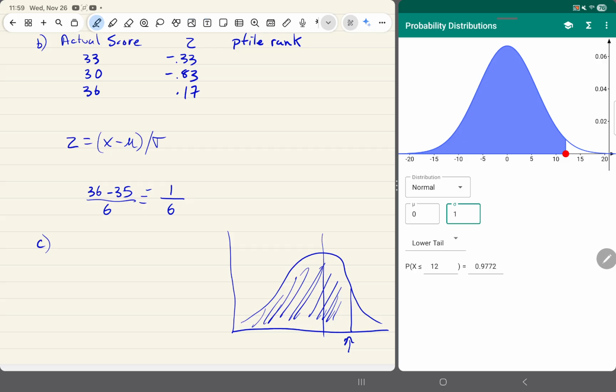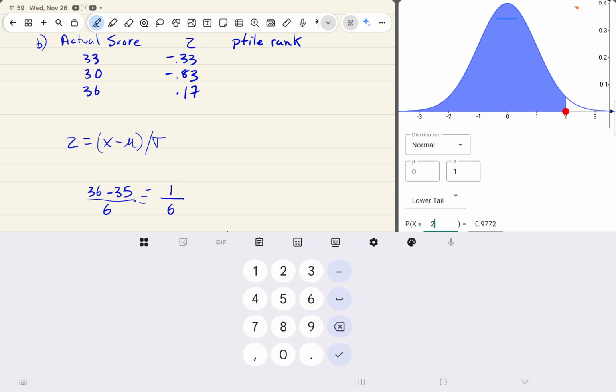In this case, however, we're not looking for a percentile value. We're not looking for a score. We're looking for a percentile rank, which is a probability value. So what we need to do is make sure that we are entering our score, in this case the z-score, and we're going to get our probability value, our percentile rank value, over here to the right of the equal sign.